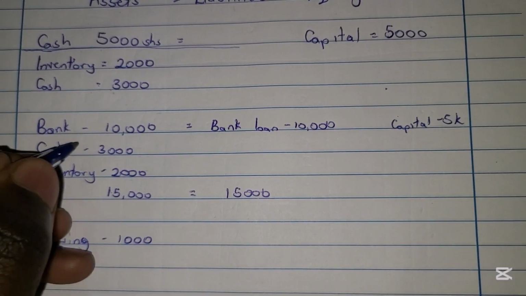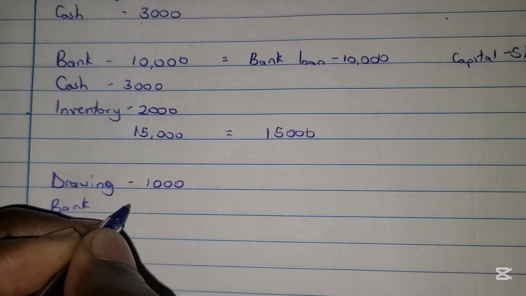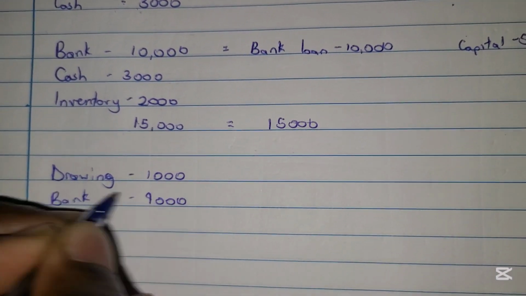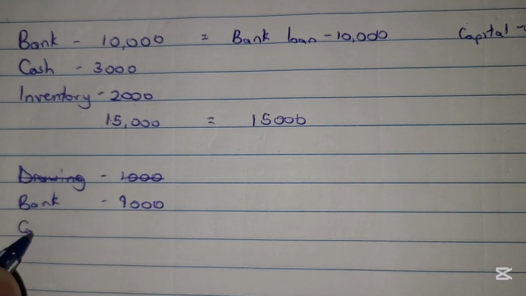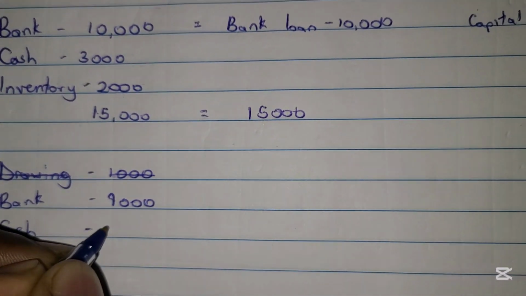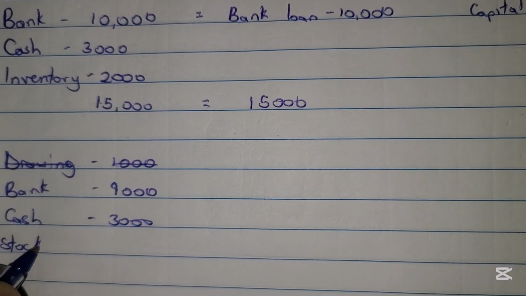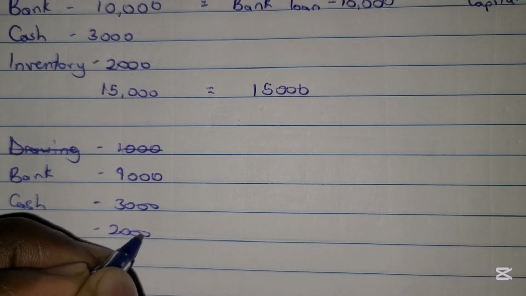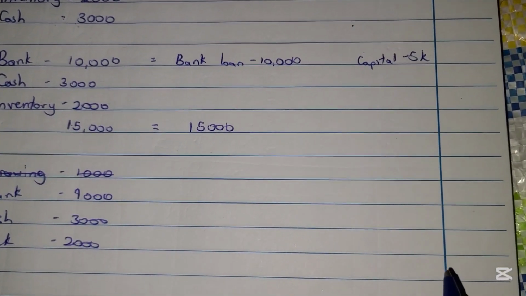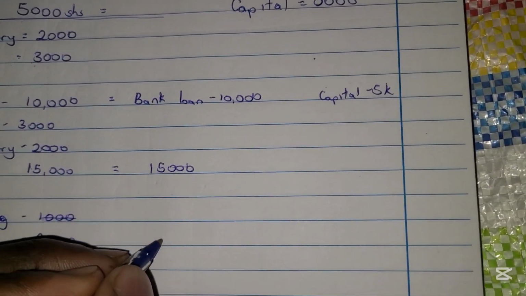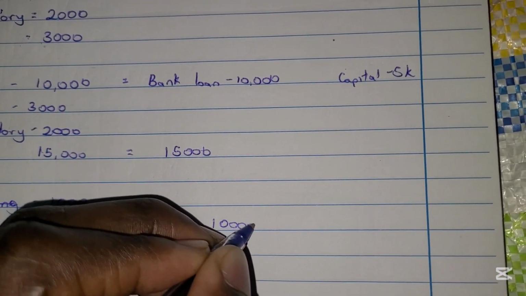So you come to the bank and say we have 9,000. You don't record the drawing there, you just write 9,000. You continue with the other recordings, 3,000, then our stock, 2,000. Then on the liability side, on what the business owes, you say bank loan of 10,000.